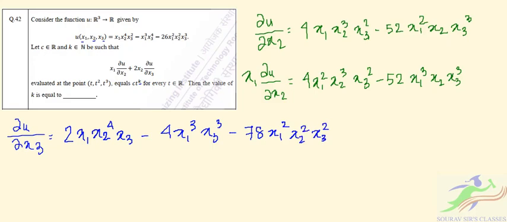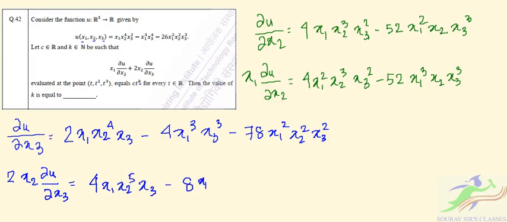Now if we do this 2 x2 del u del x3, what will be the result? 4 x1 x2 to the power 5 x3 minus 8 x1 cube x2 x3 cube, and minus 156 x1 square x2 cube x3 square.